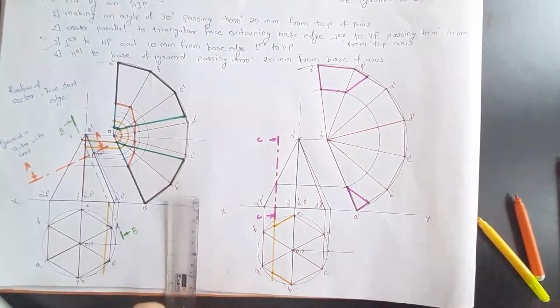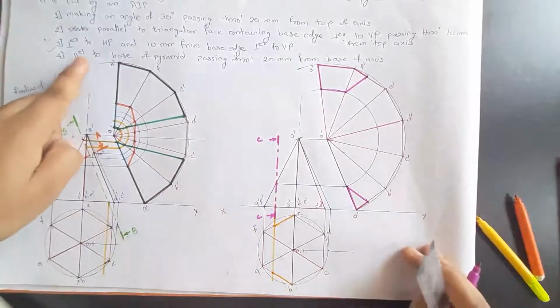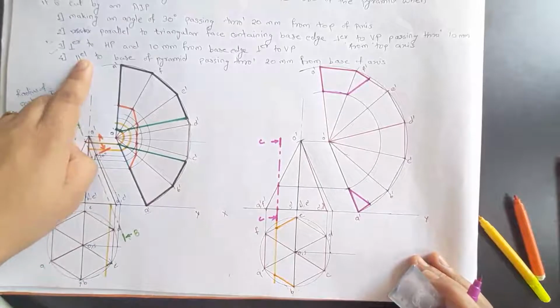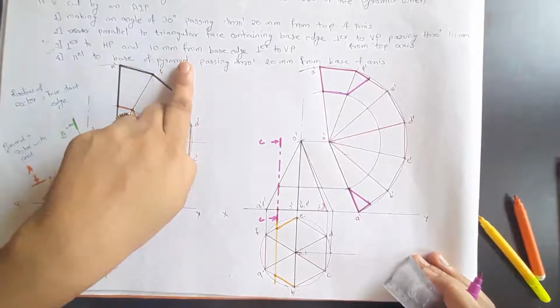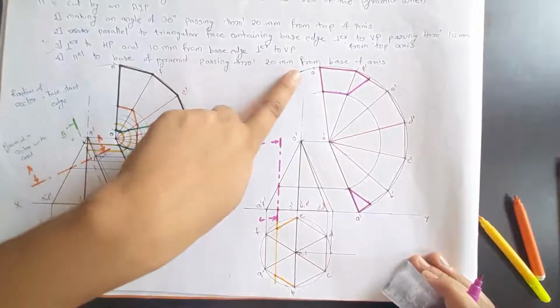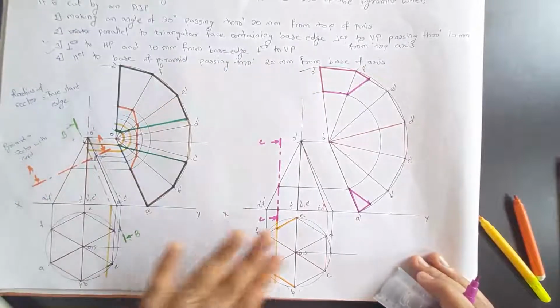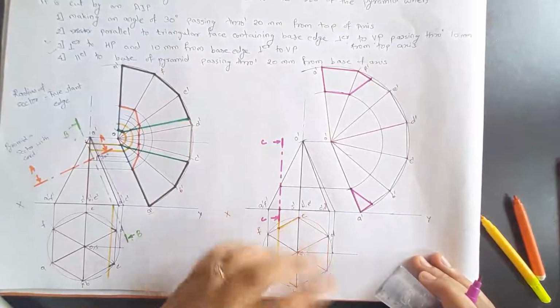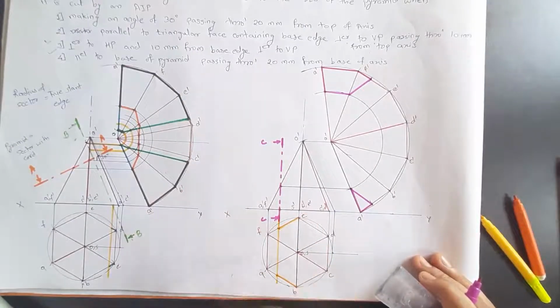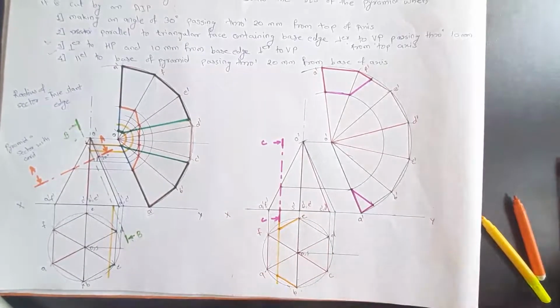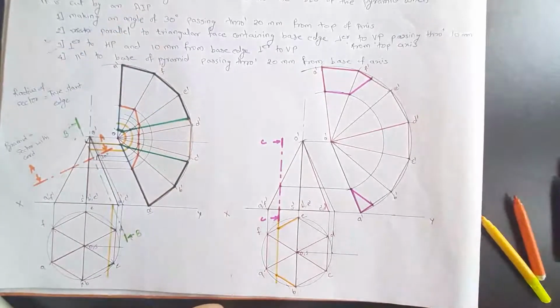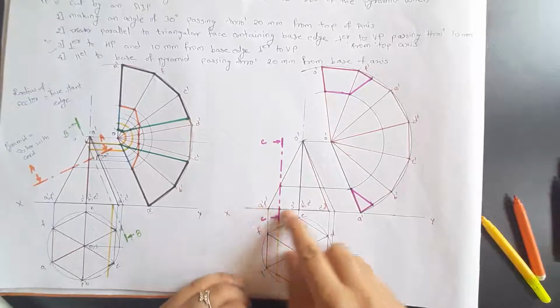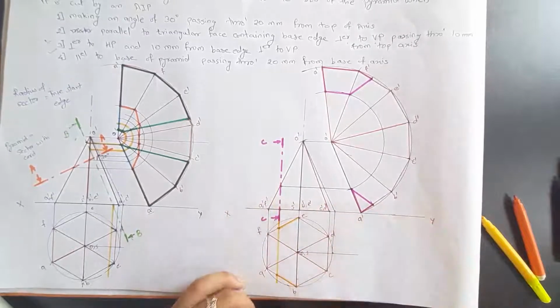Okay. Now the next cutting plane is given that it is cut by an AIP parallel to the base of the pyramid passing through 20 mm from the base of the axis. This is the base. Okay, parallel to base means what? Parallel to horizontal plane. And we know very well that AIP is only seen as a line in front view. So in front view, this XY line will act like a horizontal plane.